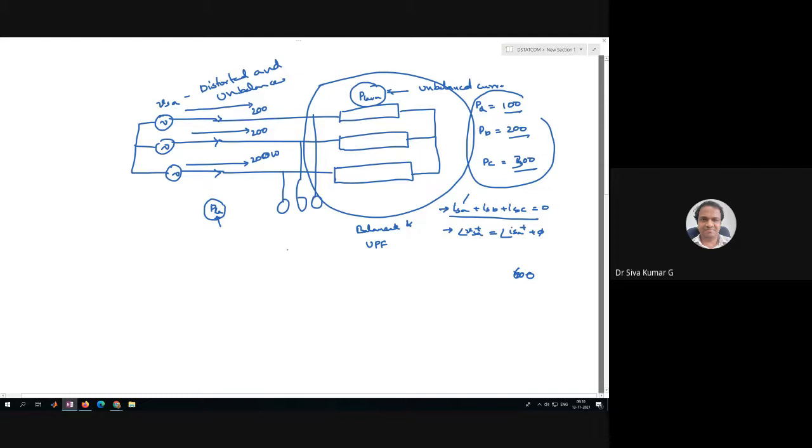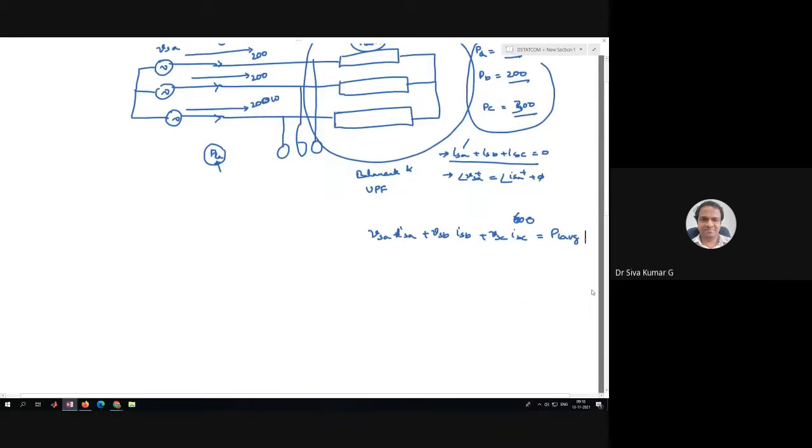That is the reason we make this particular equation: VSA into ISA plus VSB into the instantaneous current ISB plus VSC into ISC is equal to PL average. Whether we get these equations or not, we'll try to see. If you take Vm sine phi, we have seen this equation also.